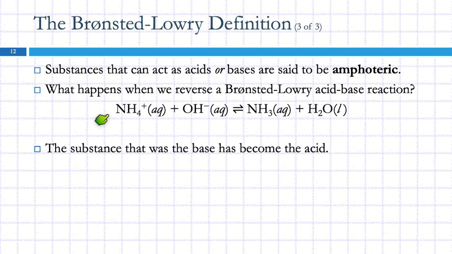So what if we take that Bronsted-Lowry acid-base reaction and turn it around? In the previous slide, we looked at ammonia plus water makes ammonium plus hydroxide. Now we're looking at it in reverse. Ammonium ion plus hydroxide makes ammonia and water. Well, what's happening here?